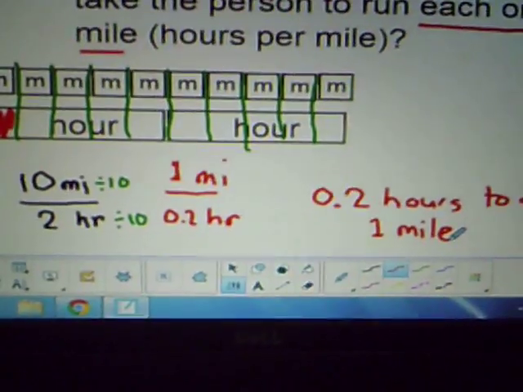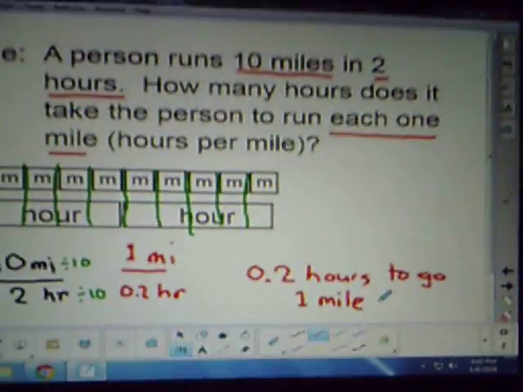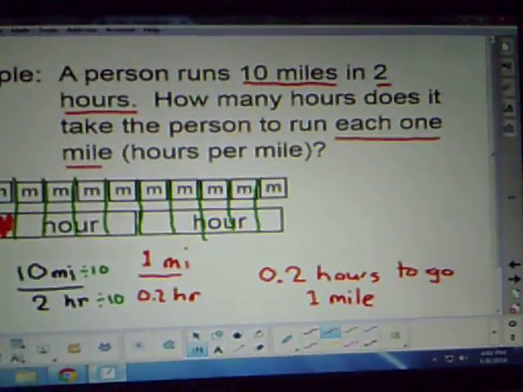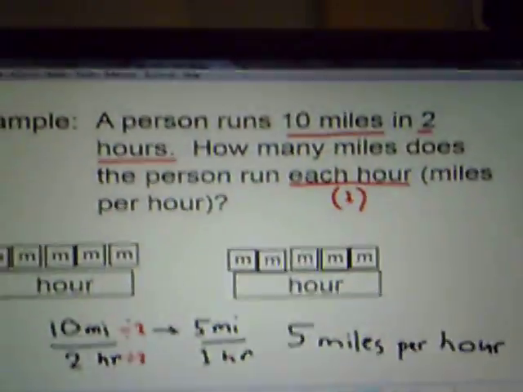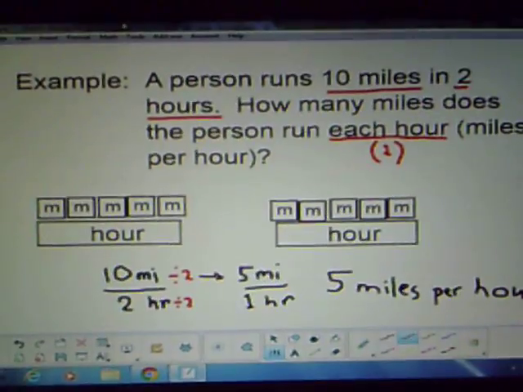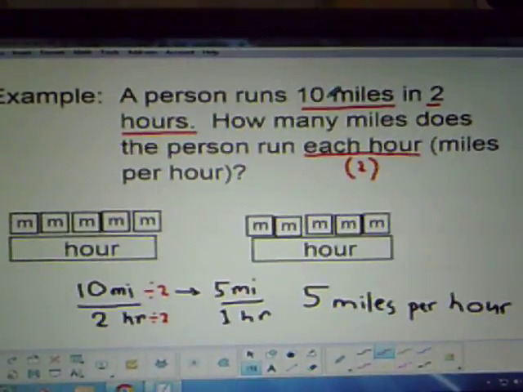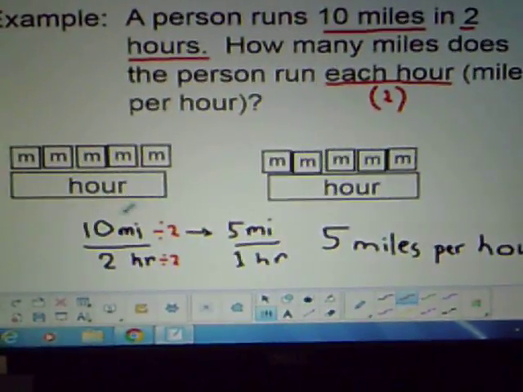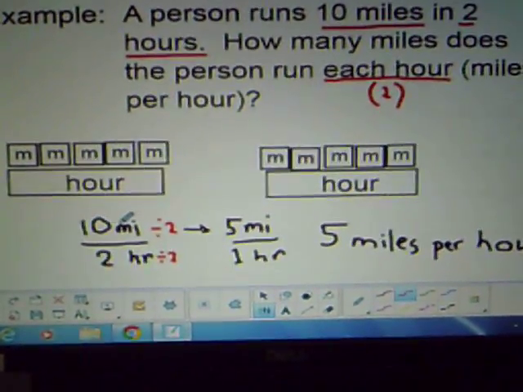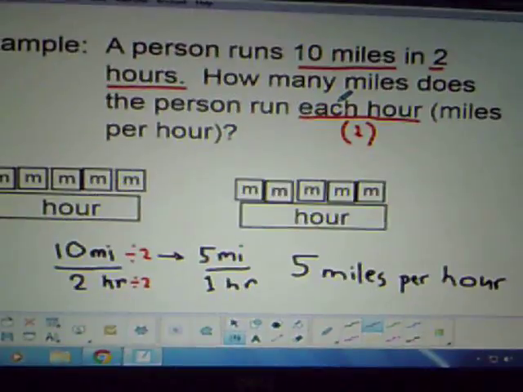So it's important for the students to see the difference in the two problems that we just solved. Both problems start the same way, saying that a person runs 10 miles in 2 hours, and in fact, we start by setting up the same ratio, 10 miles to 2 hours.